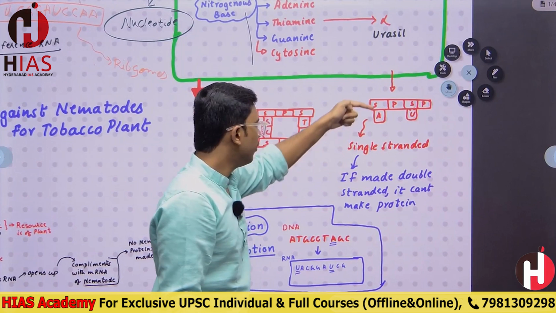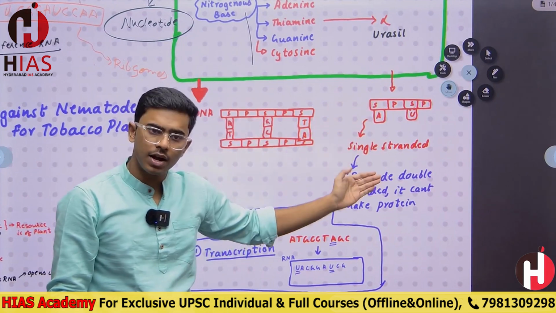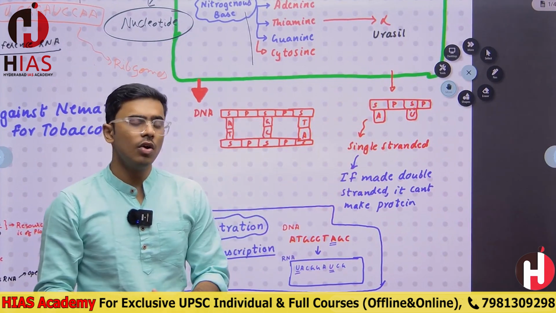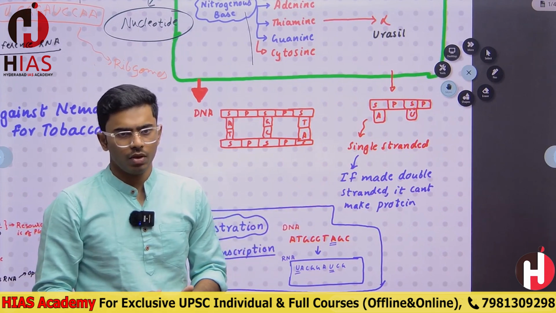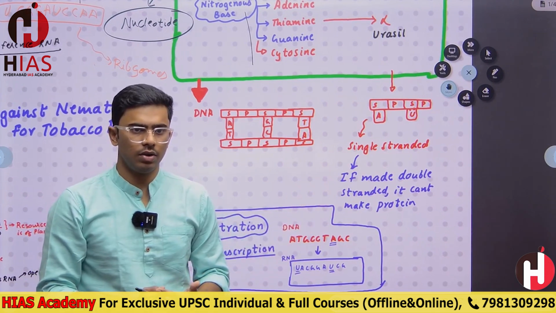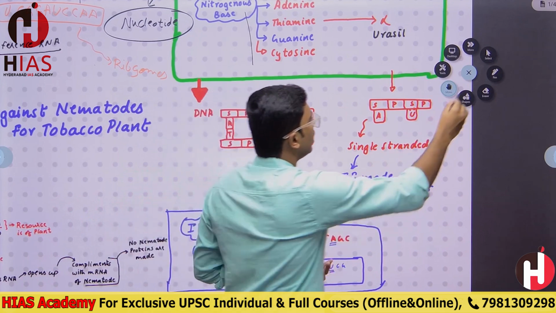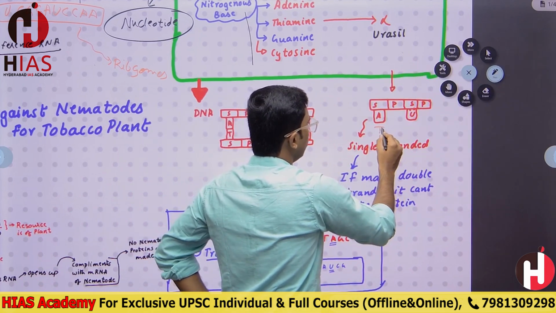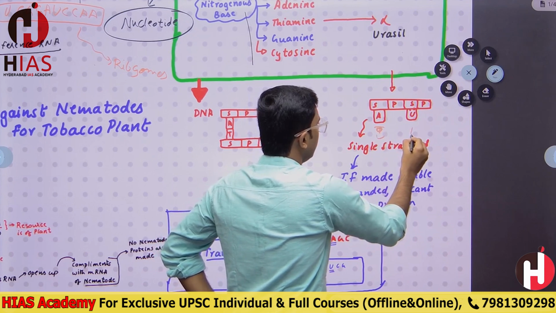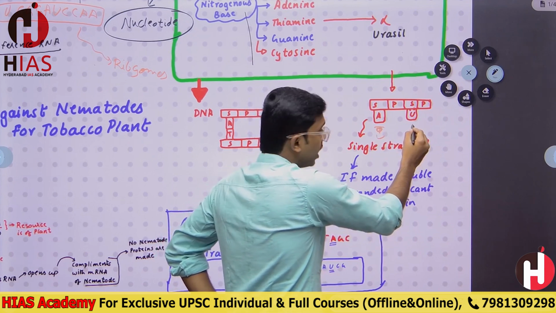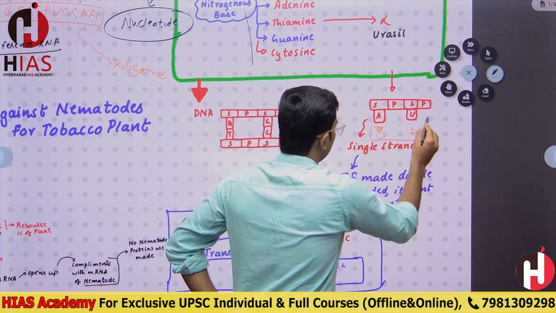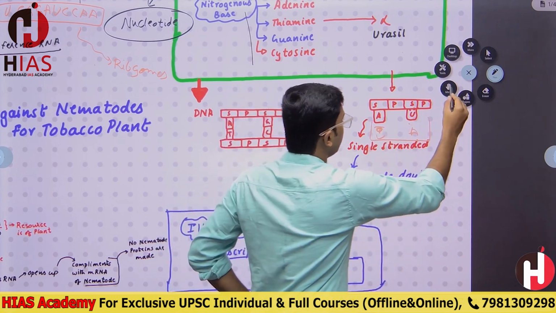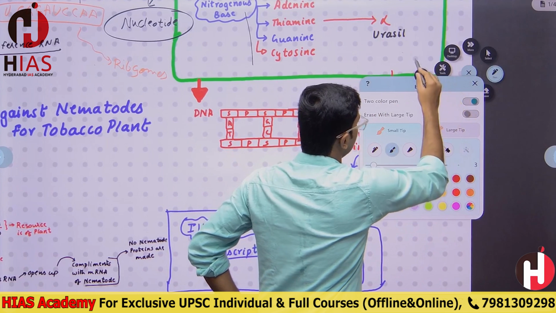So see, if this particular part is made a double strand, now how can you make this a double strand? Simply add something which is not here. Here T will come. No, U will come. Here A will come. So I'll write it again.